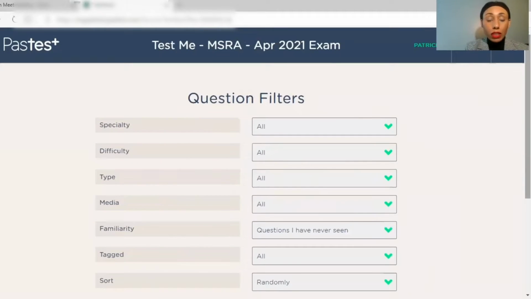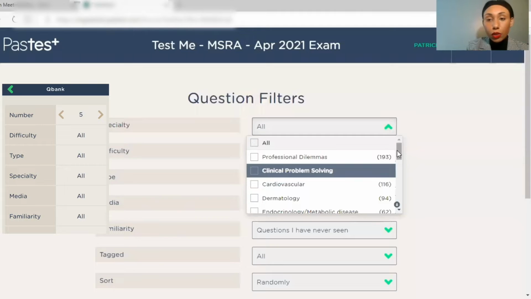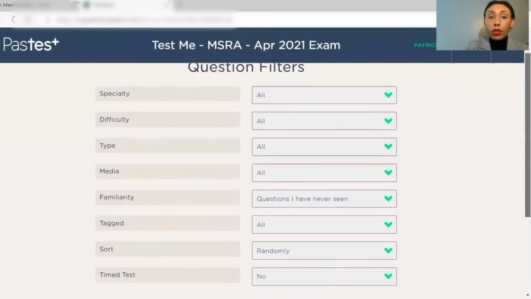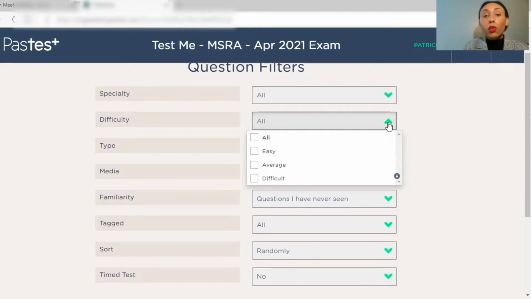Now, when you click question bank, you will see a number of different filters. You can decide which specialty you want to start on, or you can just click all if you want to. You can also select the difficulty level based on what the users have felt about the question: if they felt it was easy, average, or difficult.